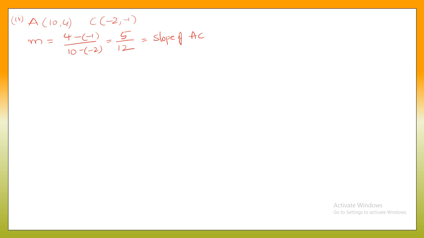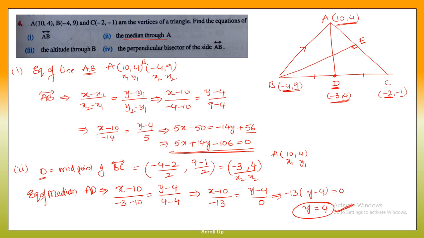So since the slope of AC is 5 by 12, the slope of BE is just reciprocating this, so 12 by 5, and changing its sign. So the slope of BE is minus 12 by 5. We got the slope of BE, and since we know the point B, what is point B here?